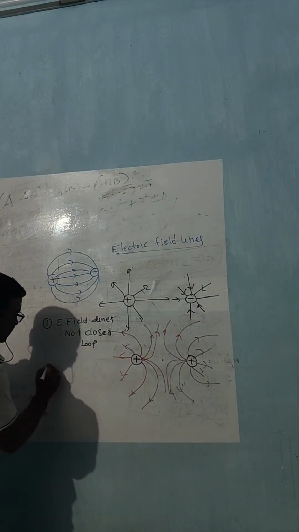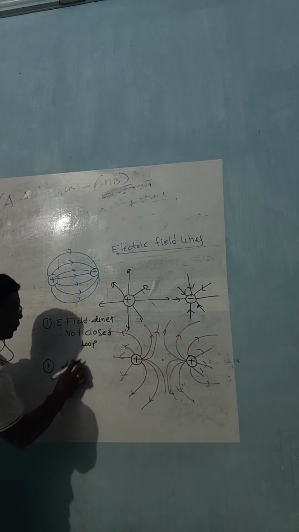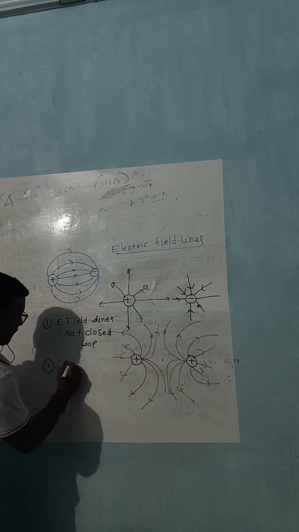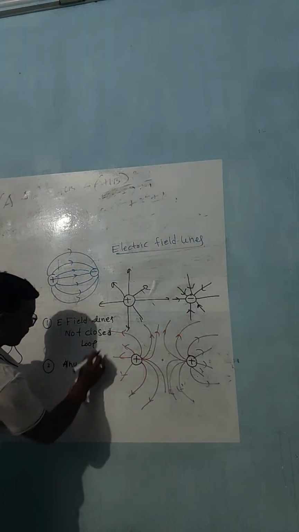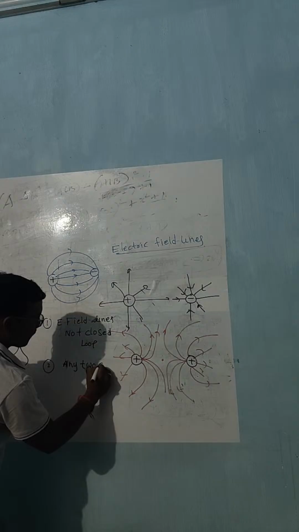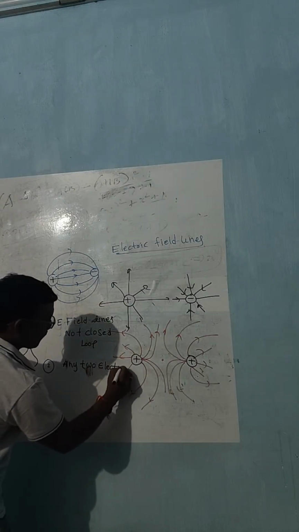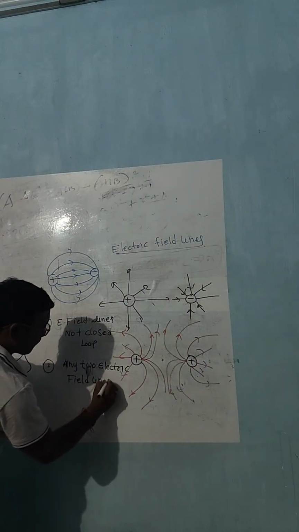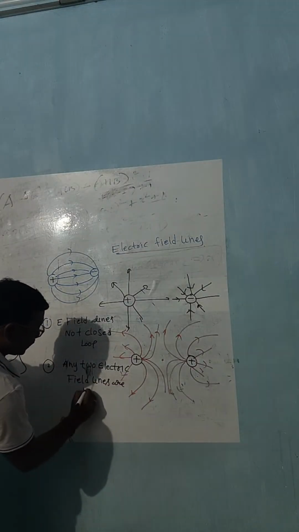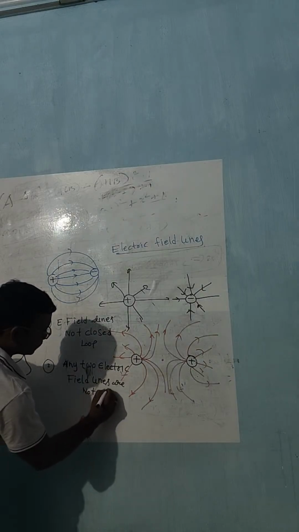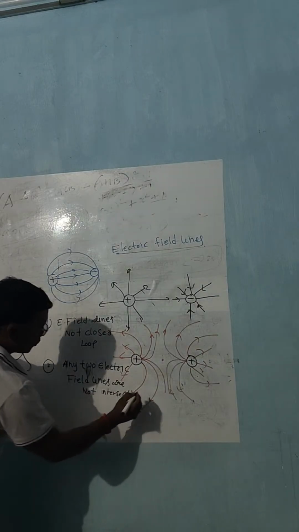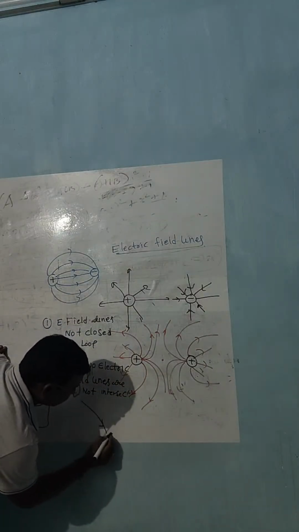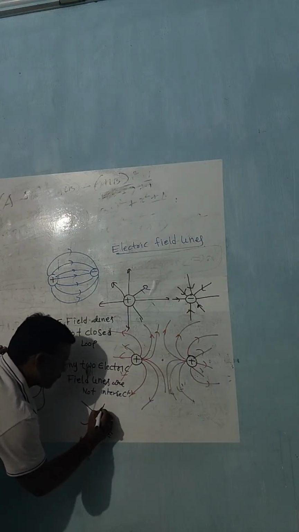And the second point is, any two electric field lines do not intersect. So why do they not intersect? Suppose this is one electric field line and this is another electric field line.